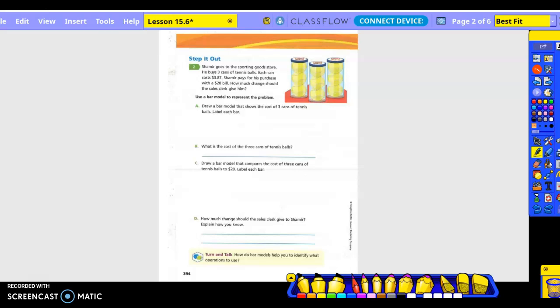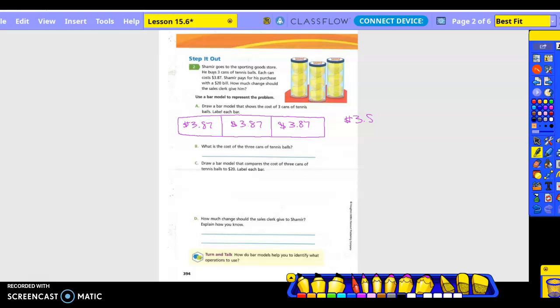Label each bar. So we're going to have this, break it into how many pieces? 3, right? And how much is each one? $3.87. Okay, and then what is the cost of the tennis balls? Okay, so what can we do?